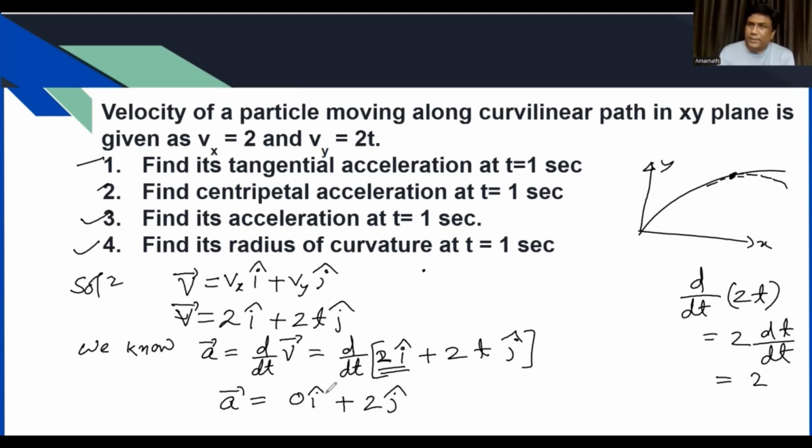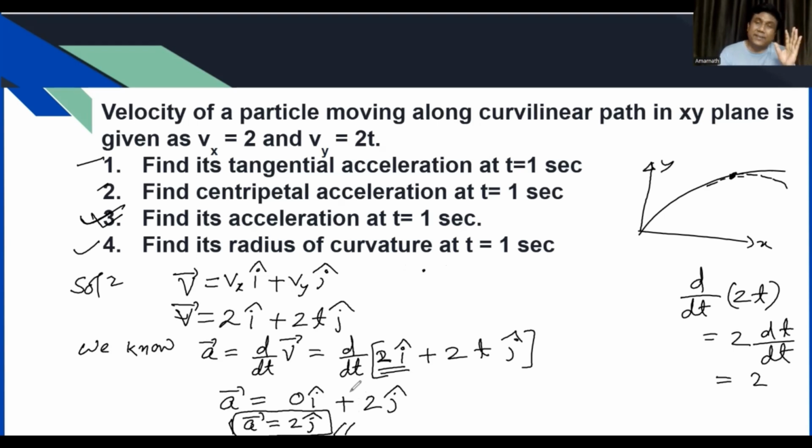So I hope you know the differentiation part. So the net acceleration will be 2 j cap. This is the answer. Can you say which answer this is? It is this. And remember, they are asking at t equal to 1 second. But you see, in my expression there is no t. So what does it mean?